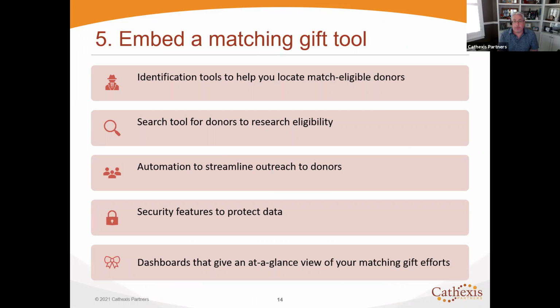Embed matching gift tools into your donation form or donation process. A lot of companies will offer matching gift programs. So if you're an employee of one of these organizations, Google, for example, they match donations that their employees make to qualifying nonprofits, and can help basically either match it or match it to a certain level, potentially doubling your funds raised.